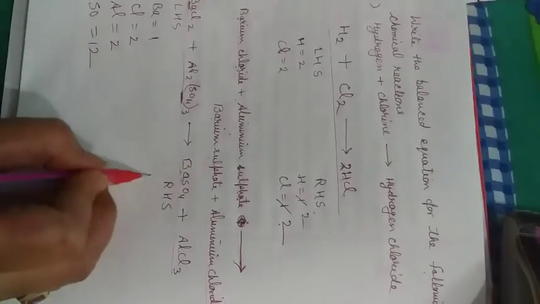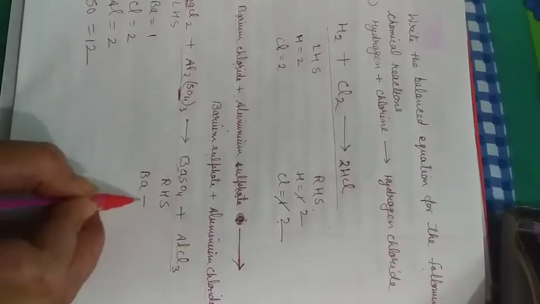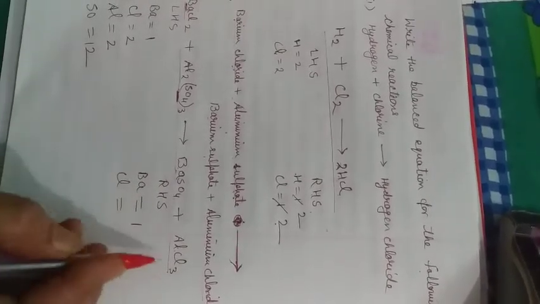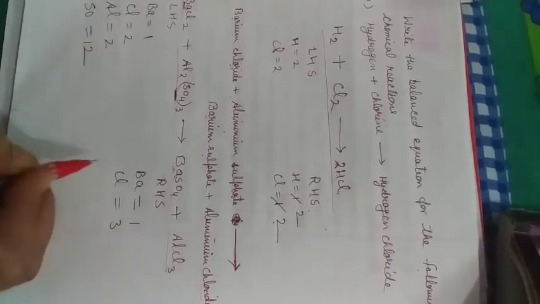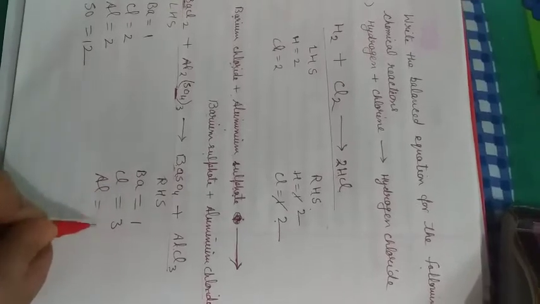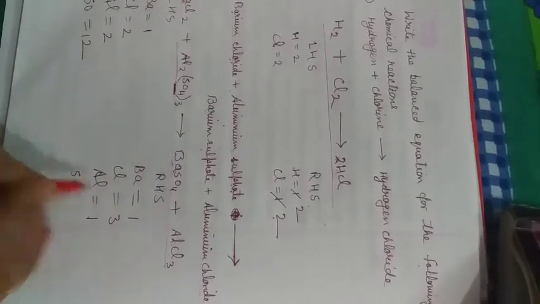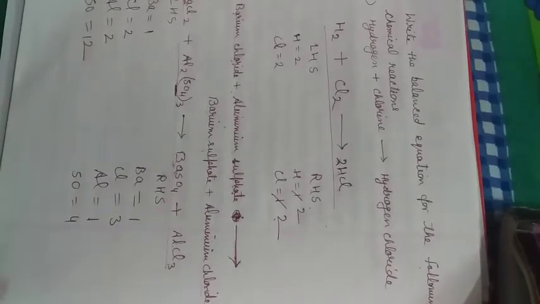On this side barium atom is 1, chlorine atoms are 3, aluminium 1, and sulfate 4.